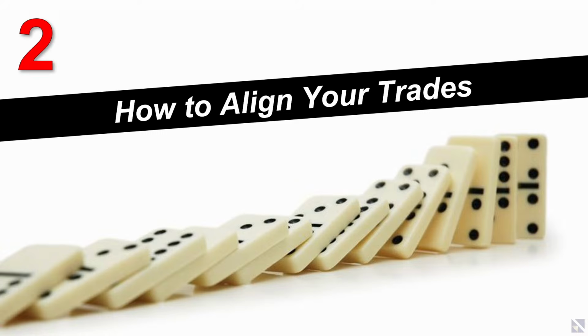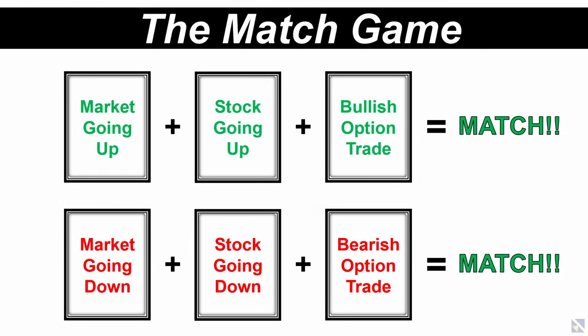They're like, cool, Brian, I got it. And then you log off from the webinar right now and just go buy a call. No, right? You want to align your trades to give yourself the highest chance for success. And by the way, we might be nearing one of those times coming up soon in the market. I like to think of it like playing the match game. You remember the memory game?